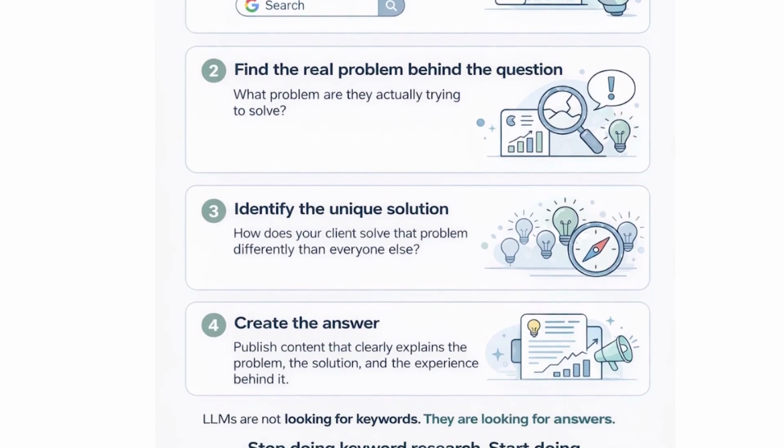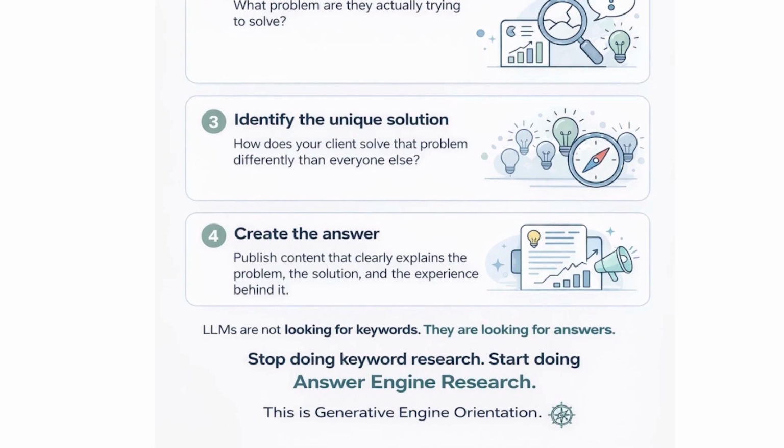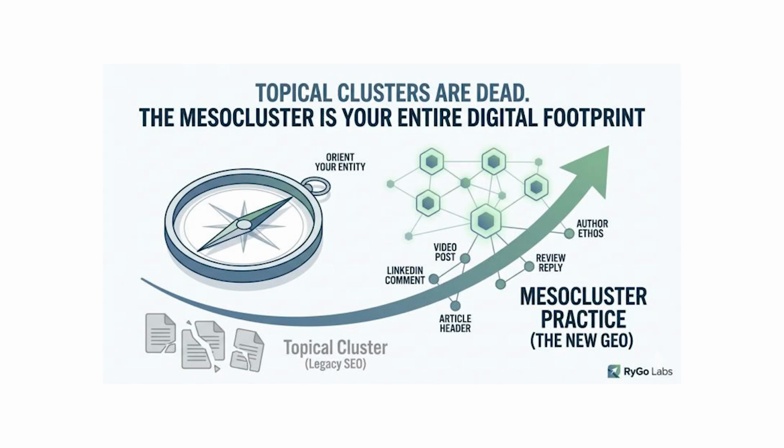You do this through the use of your website and something we've coined as mesoclusters. Now a mesocluster is an extension of a topical cluster. I chose the word mesocluster because it's easy to think about it like training cycles from bodybuilding. What's happening is Google indexes your website, but they're also indexing your social media.